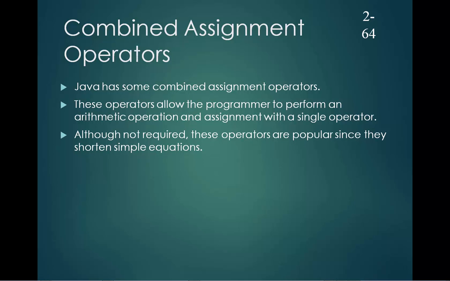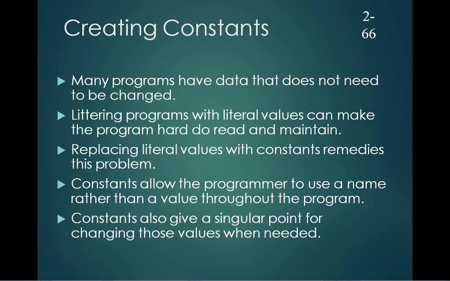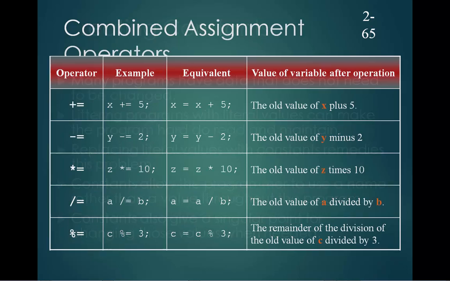So there are some combined assignment operators that you'll see which can be useful, and I'll just talk about one here. These are shortcuts. So for instance, you may have seen this in a code example.